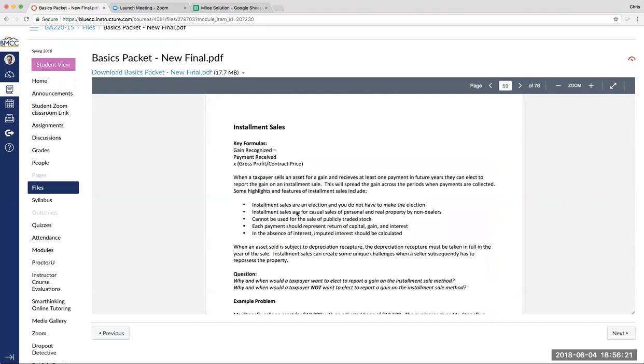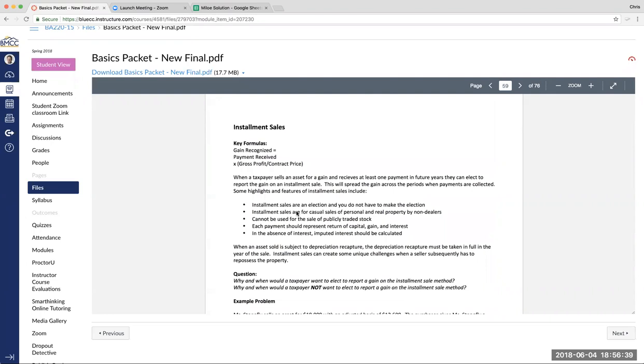So let's say I have an asset that I have a $6,000 basis in, and I'm going to sell it for $10,000. That would normally create a $4,000 gain.